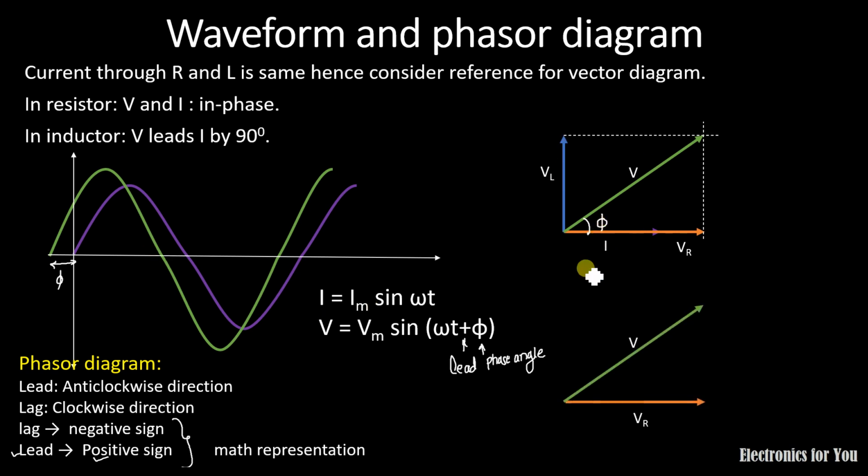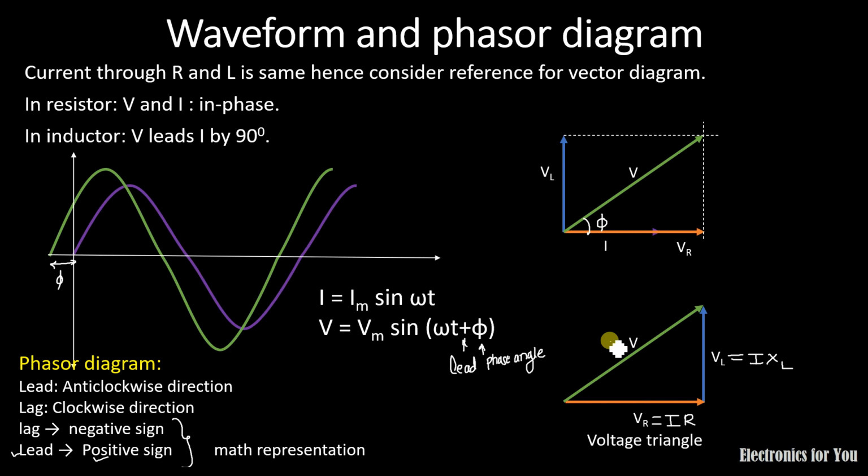The same phasor diagram can be redrawn like this if we shift VL to this position. Then all the vectors indicate voltages, which is why this triangle is known as the voltage triangle. The voltage across the resistance is given by Ohm's law, I into R. For the inductor, it is I into XL, where XL is the resistance offered by the inductor, known as inductive reactance.